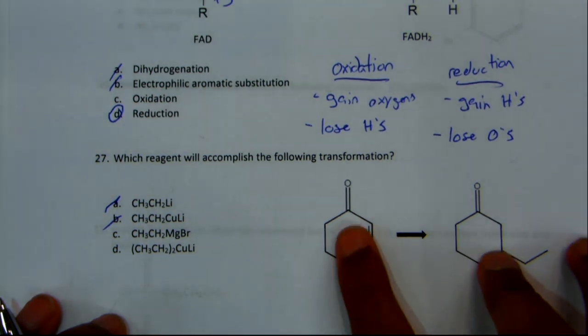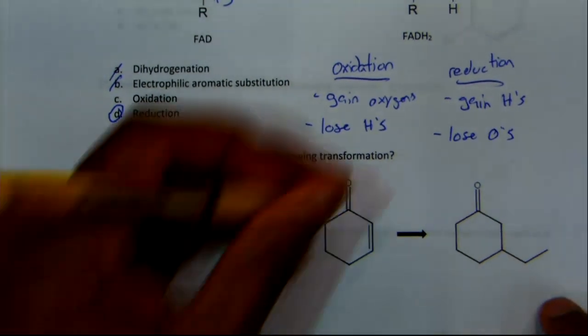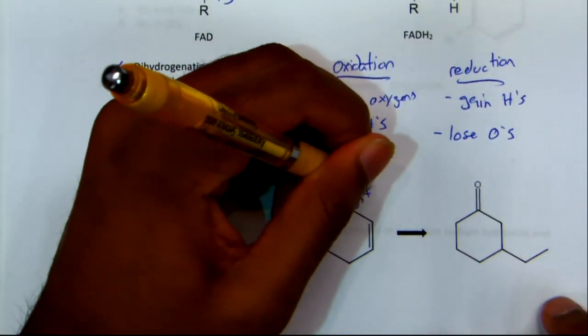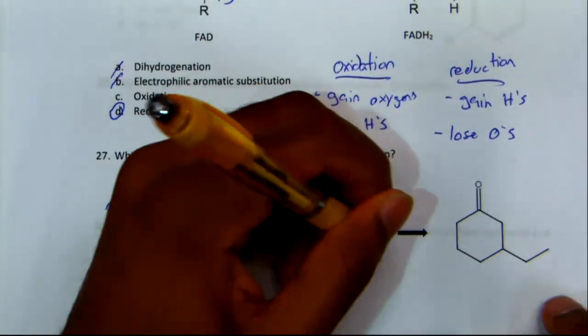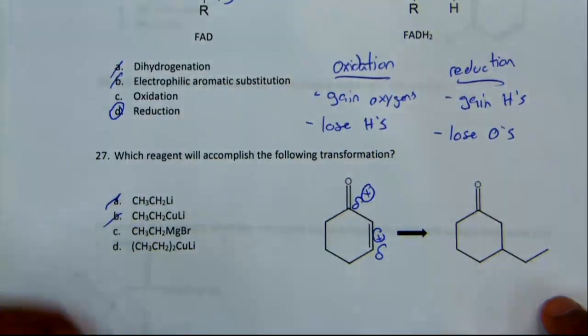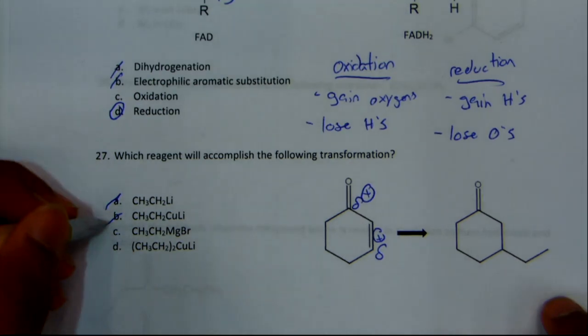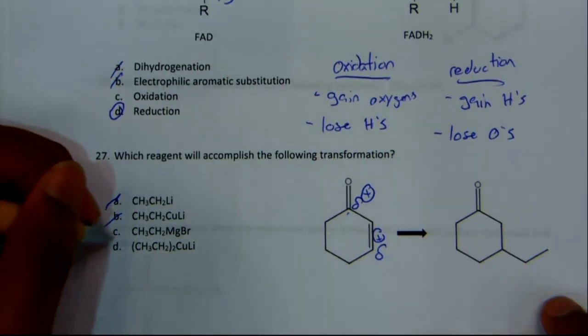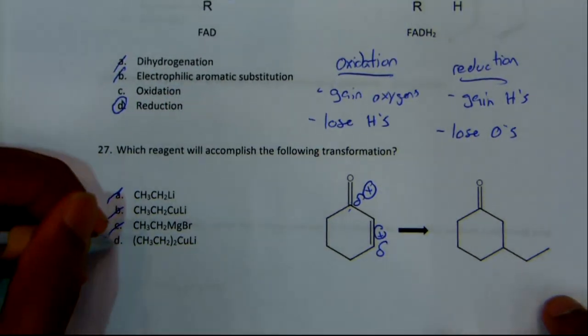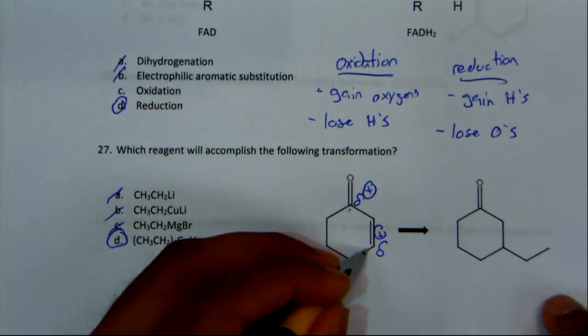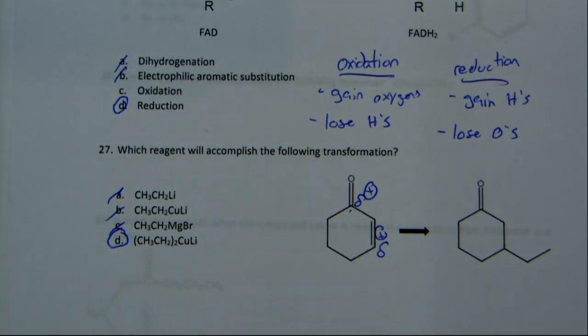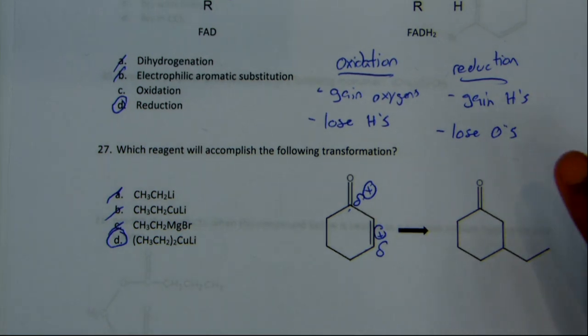Good. So Grignard is probably going to react with my carbonyl, right? So this is a slightly positive area. This is also a slightly positive area. Because this is too strong, it's going to react with the carbonyl. Gilman is the reagent. It's a little weaker, so it'll attack here. Yay. I'll give this one.